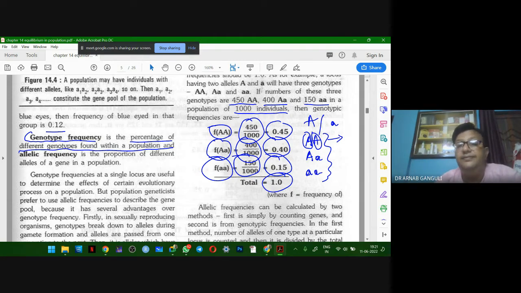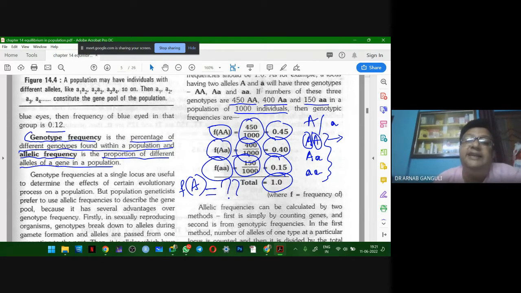Yes, sir. Okay. Now, the next thing is allelic frequency. What is allelic frequency? It is the proportion of different alleles of a gene in a population. So, what is the frequency of only the allele capital A in the whole population? This is what you have to calculate. This is allelic frequency.